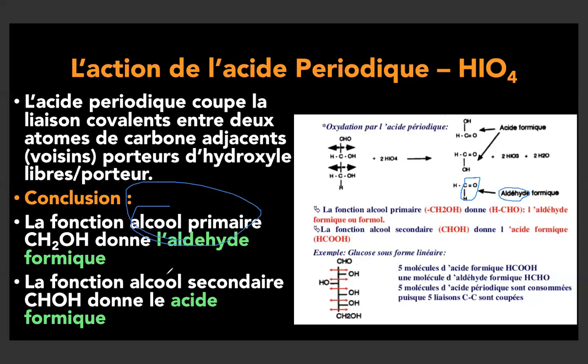Then the last one, which is aldehyde formic, and this is acid formic. It will be formed from our secondary alcohol. So what acid periodic does is just cut the glucose or the glucide molecules at these distinct points.